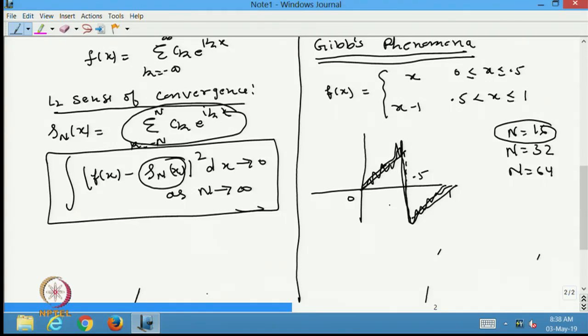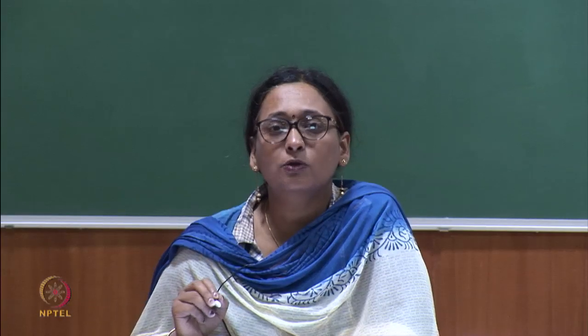As you keep increasing n, the observation is that wherever the function has some smoothness, the approximation will be close to the exact value of the function. But if the function is non-smooth at x equal to 0.5, then however large n you take, some oscillations will always be there, and they will be spread throughout the domain also.